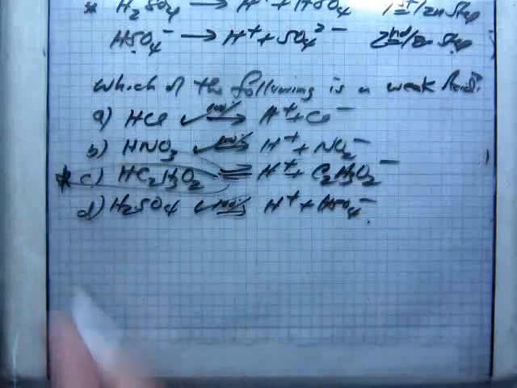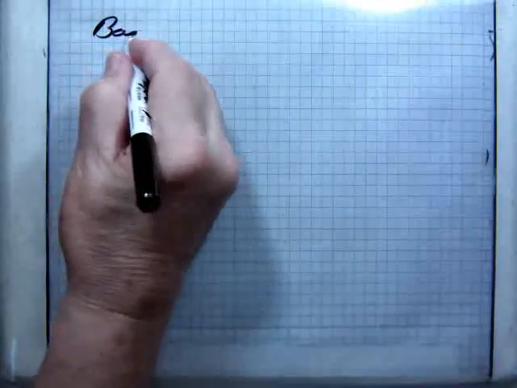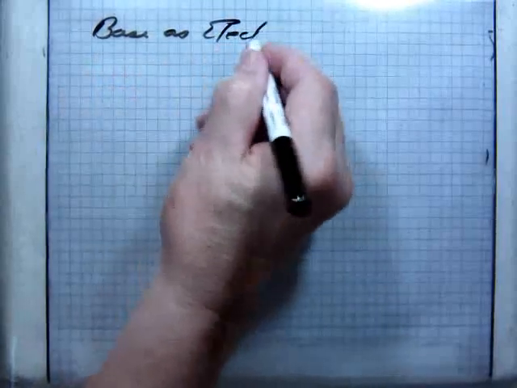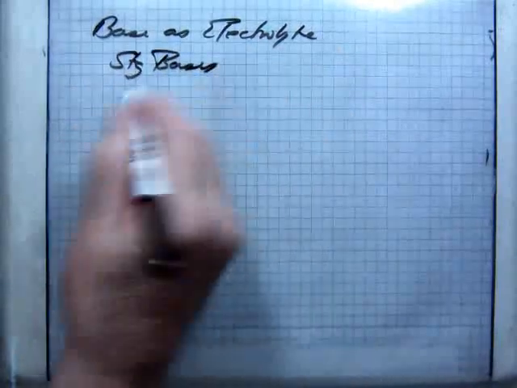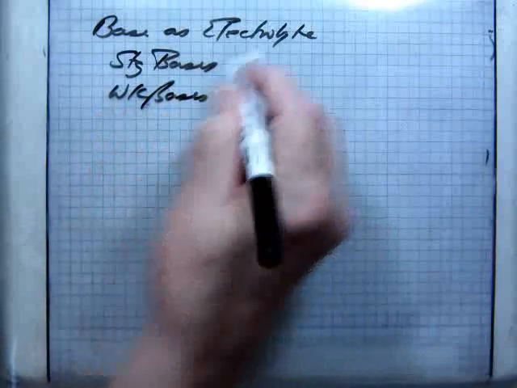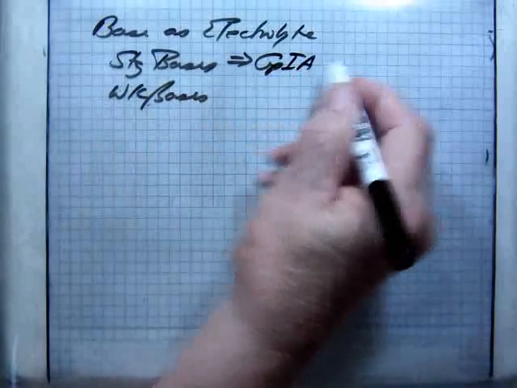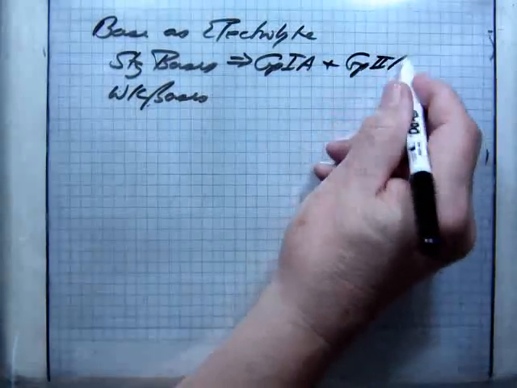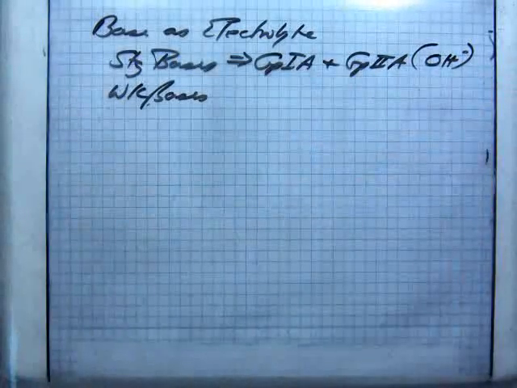Weak bases, all I'm doing is defining what the acids and bases are right now. Bases as electrolytes, again, are strong bases and weak bases. The strong bases are very easy to remember: group 1A and group 2A hydroxides, except for beryllium.